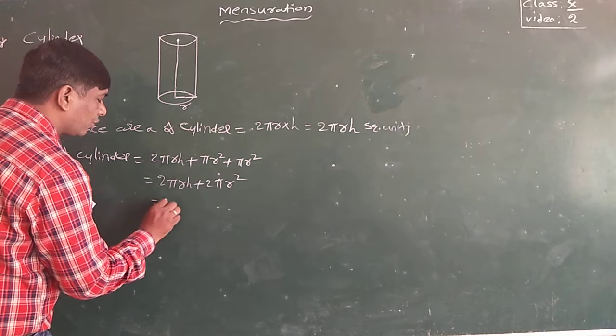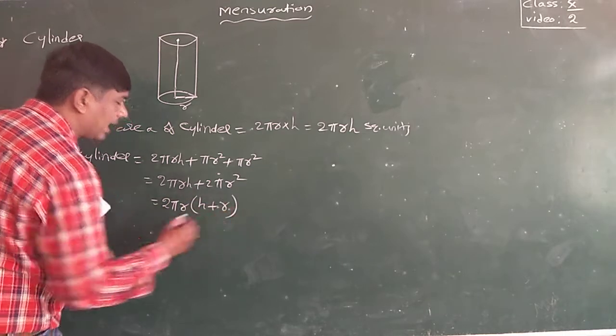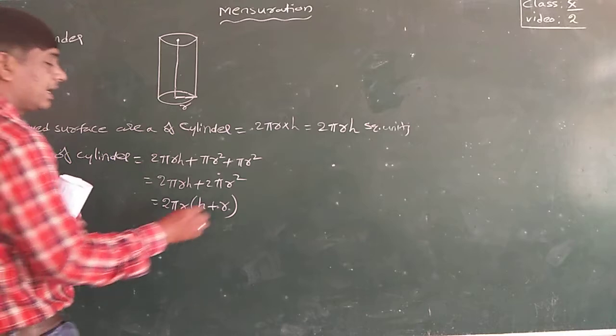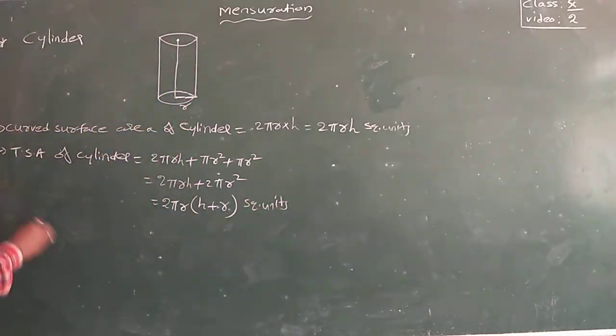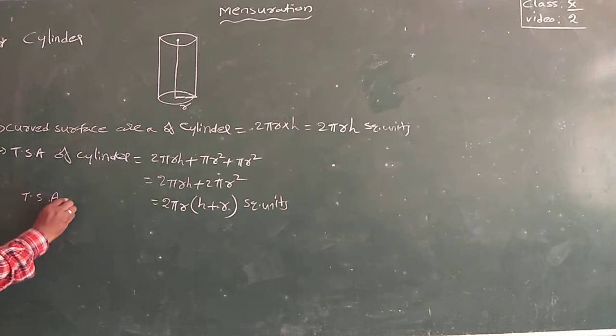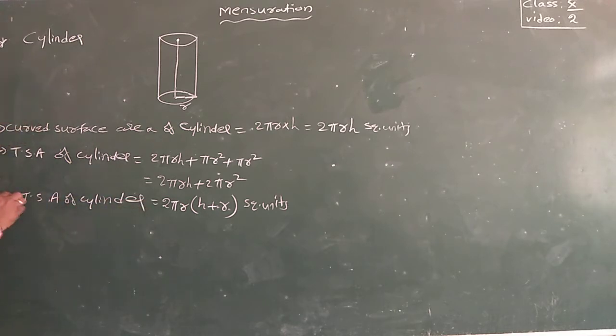Now if I take 2 pi r common, then I get h plus r. Square units. This is your formula. TSA of a cylinder is equal to 2 pi r into h plus r.